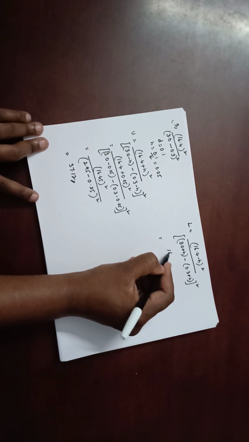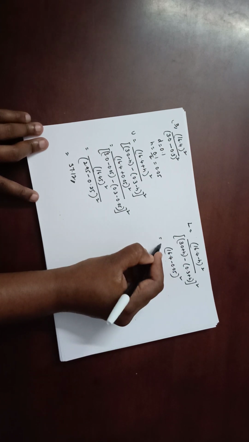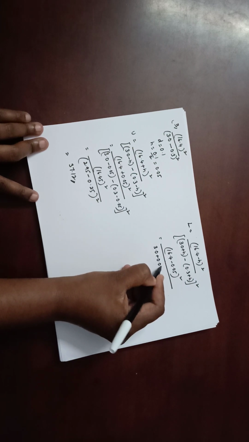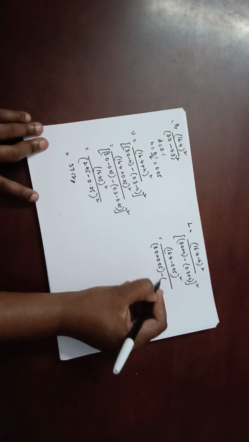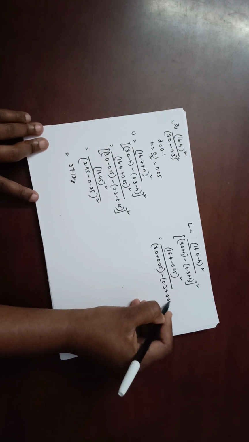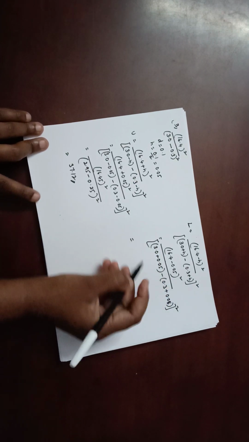So (16.4 - 0.05) whole squared divided by (3.0 + 0.05) minus (0.3 + 0.05) whole squared.